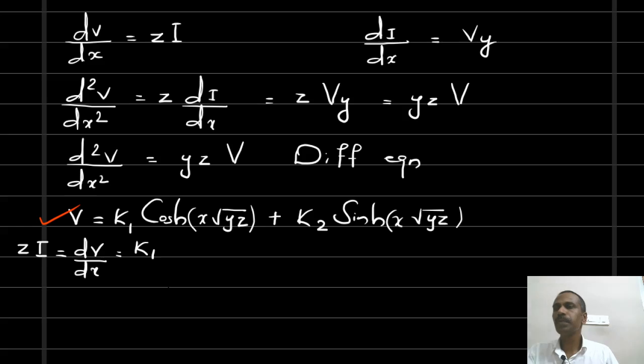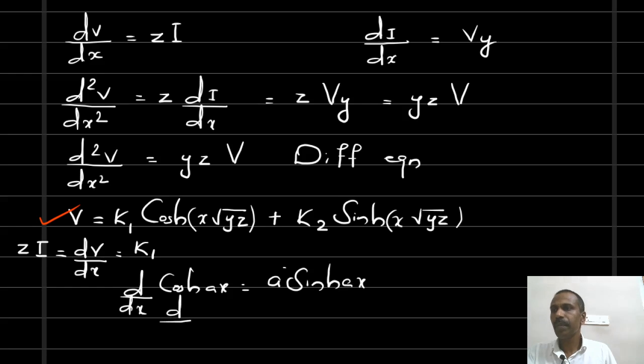It is k1 into the differential of cosh ax, which equals sinh ax. You can remember a couple of differential formulas. d by dx of cosh ax is equal to the constant a into sinh ax. Similarly, d by dx of sinh ax equals the constant a into cosh ax.